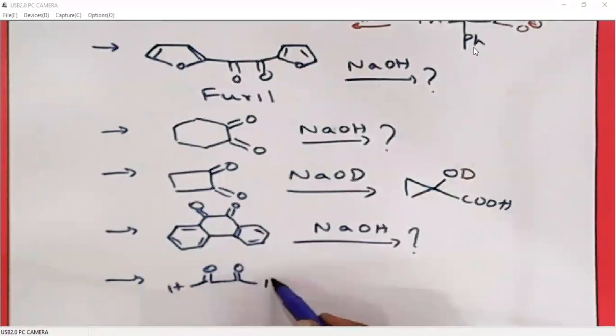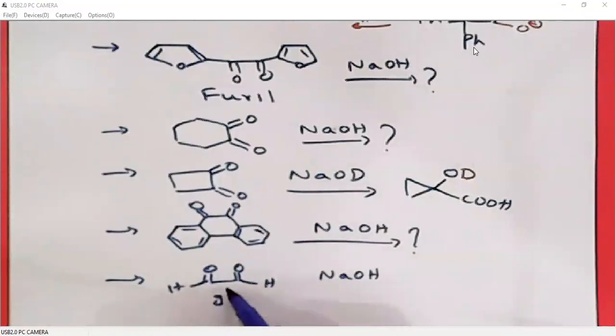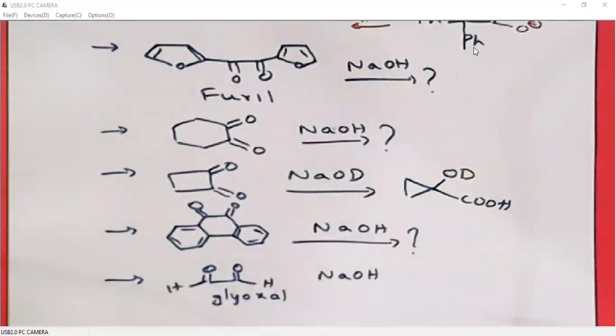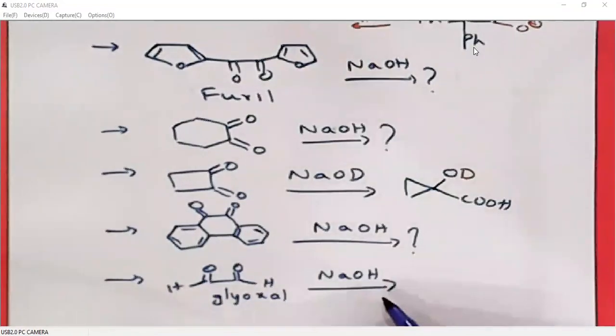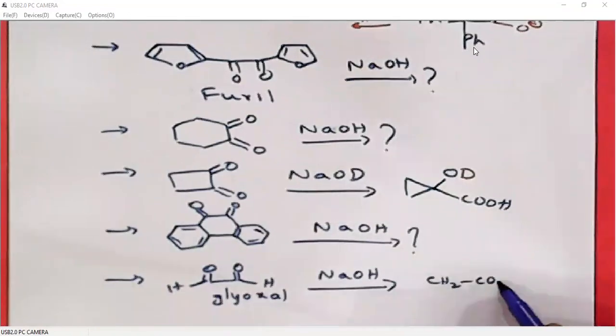We can also do the same reaction with two aldehydes. It is called glyoxal. So when we do this reaction with the glyoxal, what we are getting is this product.